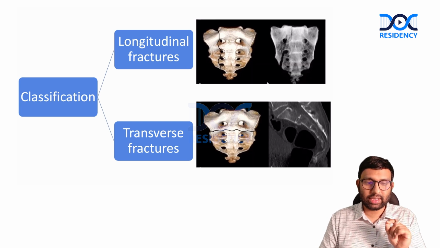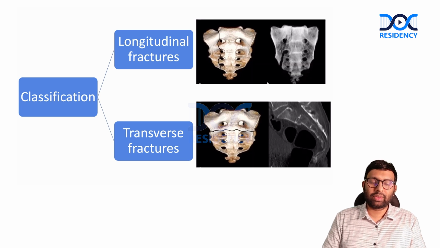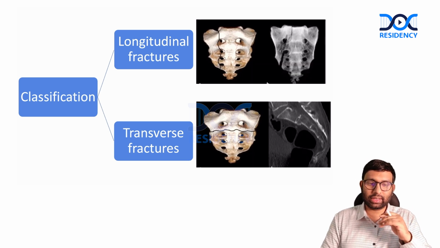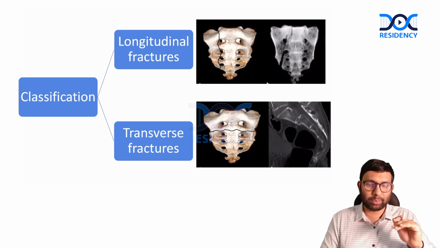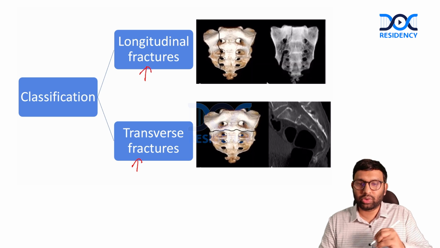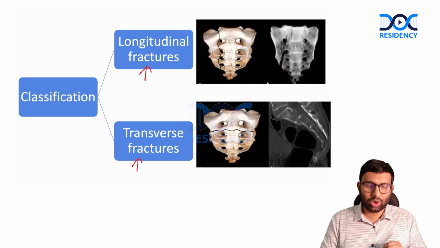The majority of sacral fractures are associated with pelvic ring fractures, and they are longitudinal fractures. But you can also have another type of injury where there is an injury occurring in a transverse plane. Those are called transverse fractures. Okay, so 2 types of fractures you have to understand: transverse fractures and longitudinal fractures.